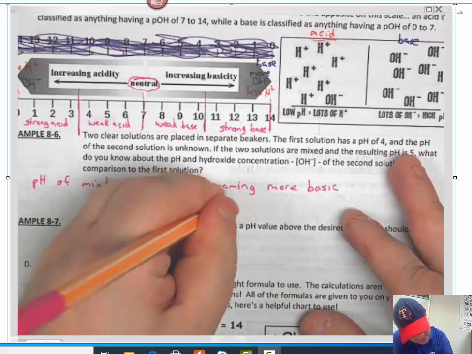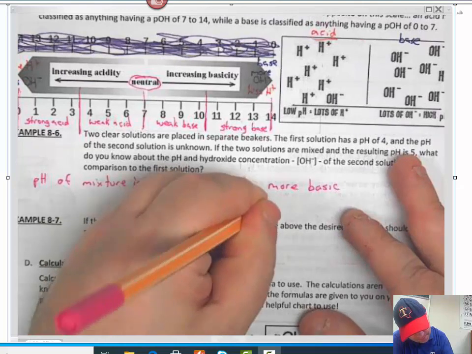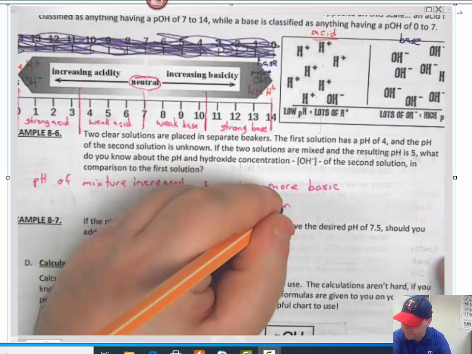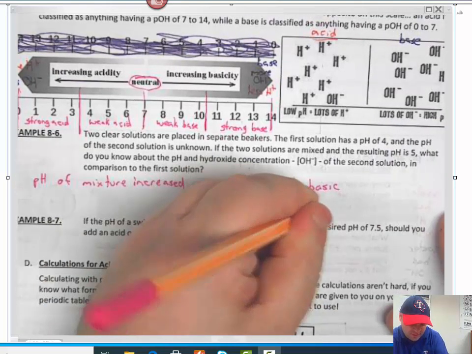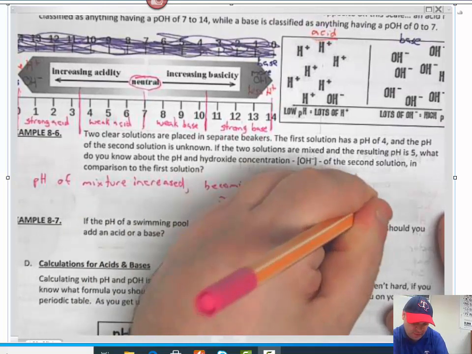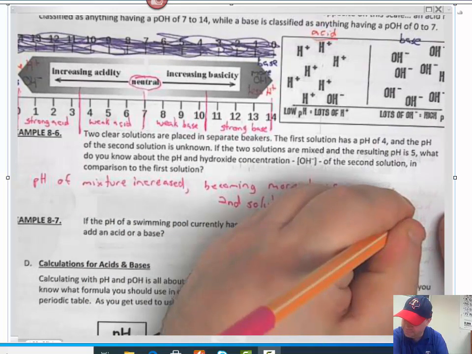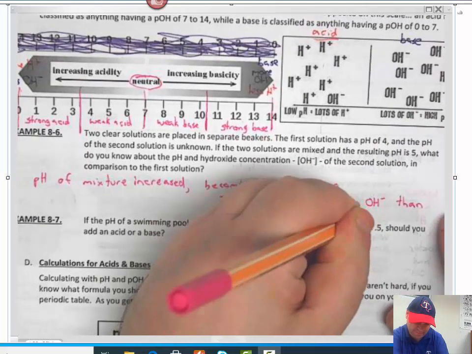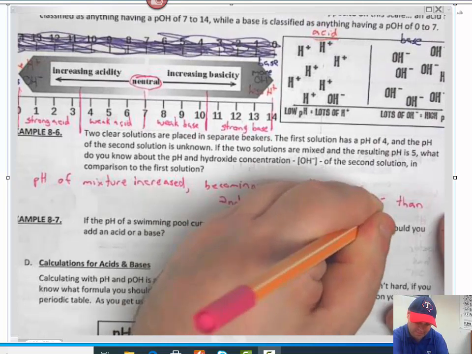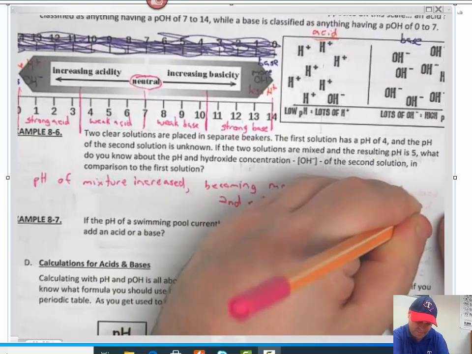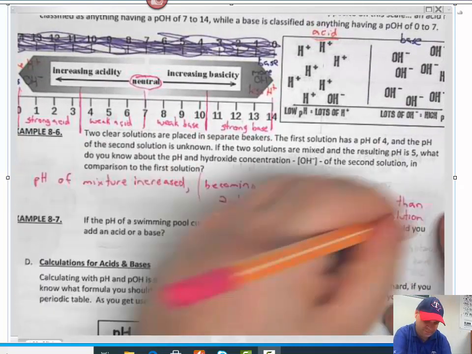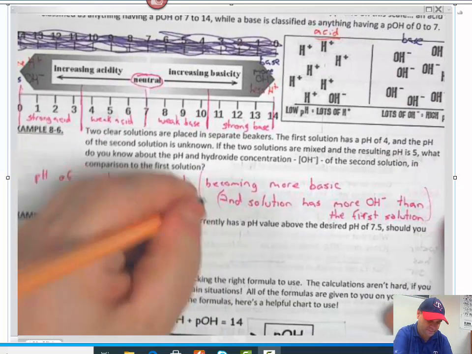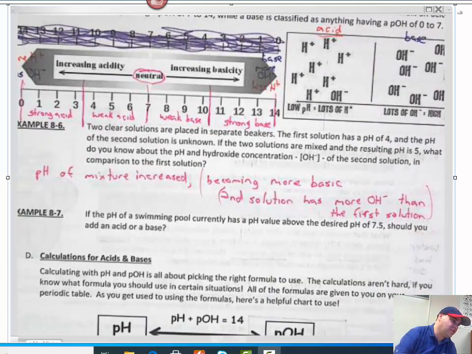So the second solution has more OH than the first solution. To increase the pH, you have to add a base. And bases have more OH minus.